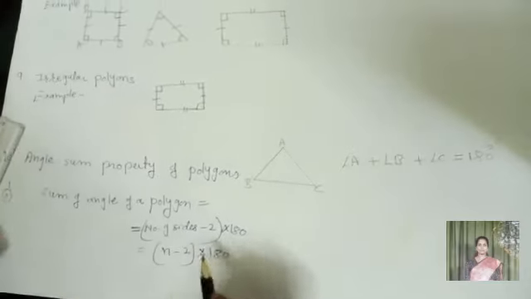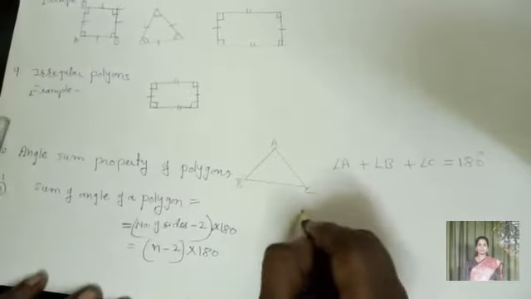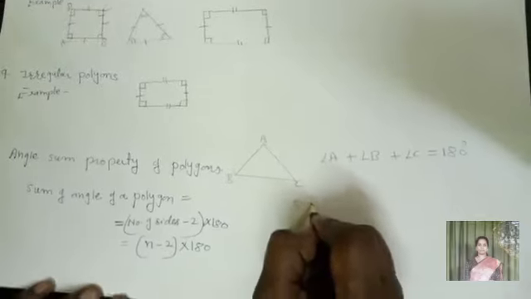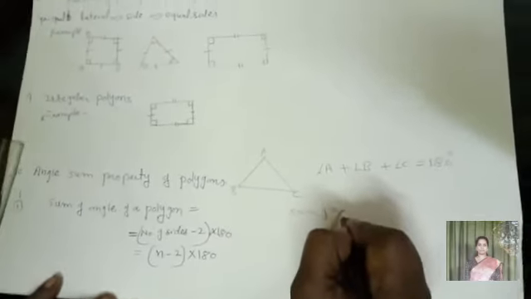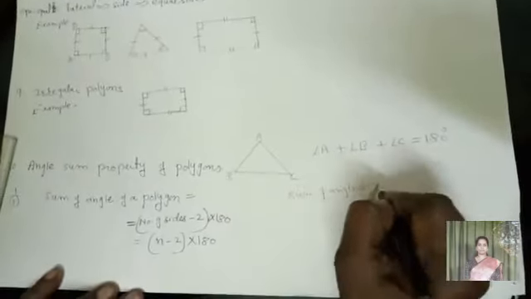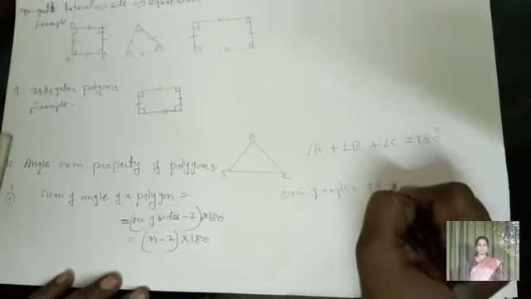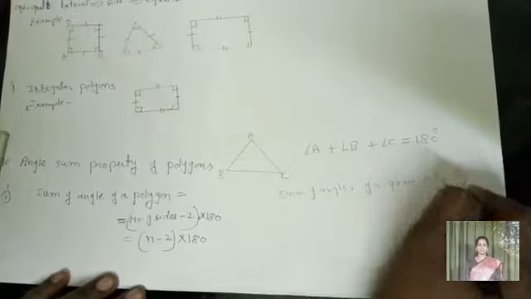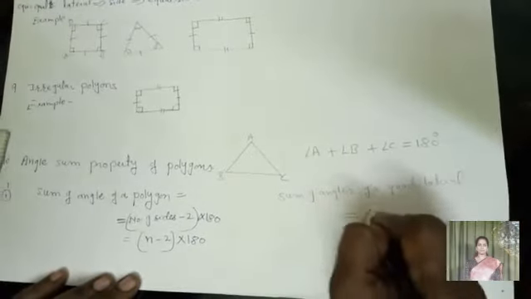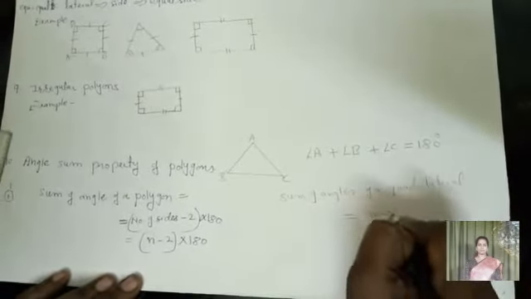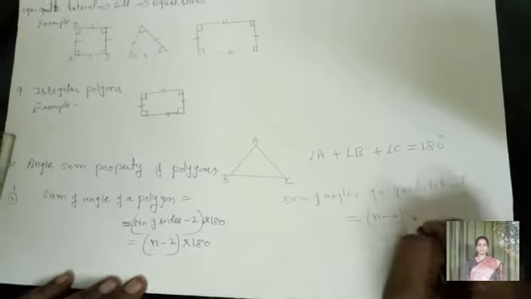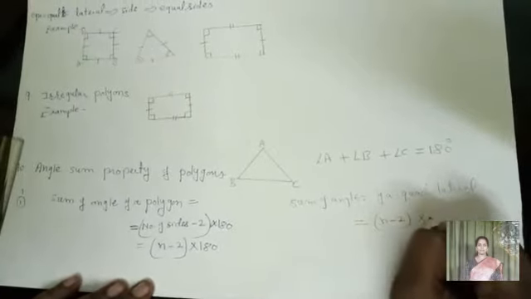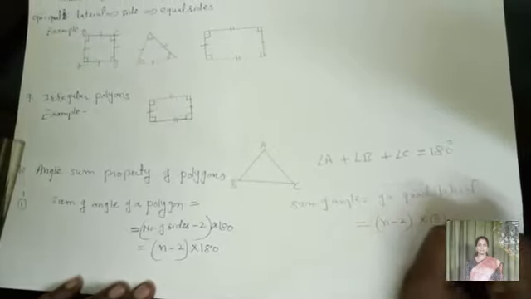Now let us solve this with the help of an example. Suppose we want to find the sum of angles of a quadrilateral. So what we'll do? The formula is n minus 2, n means number of sides, minus 2 multiplied by 180.